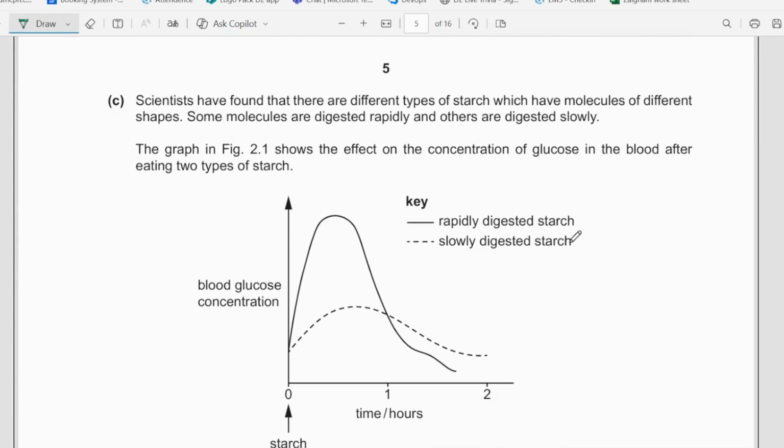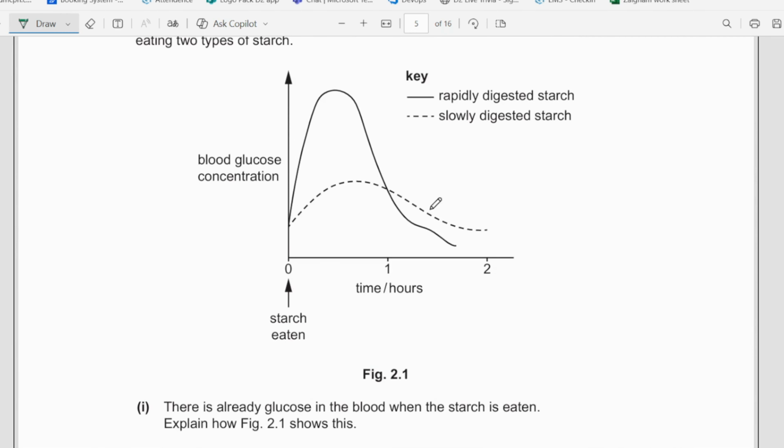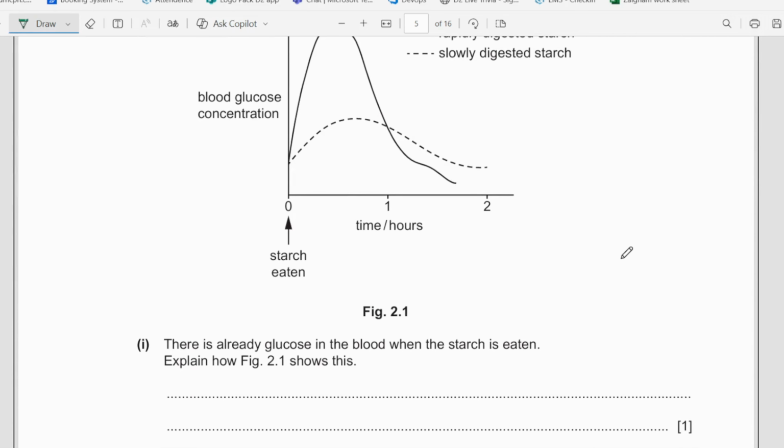There is a graph given where there are two types of digestion. One is rapid and the other one is slow. Explain how figure 2.1 shows this. There is already glucose in the blood. Why do you think glucose is already present? Because the value is not starting from 0, right?